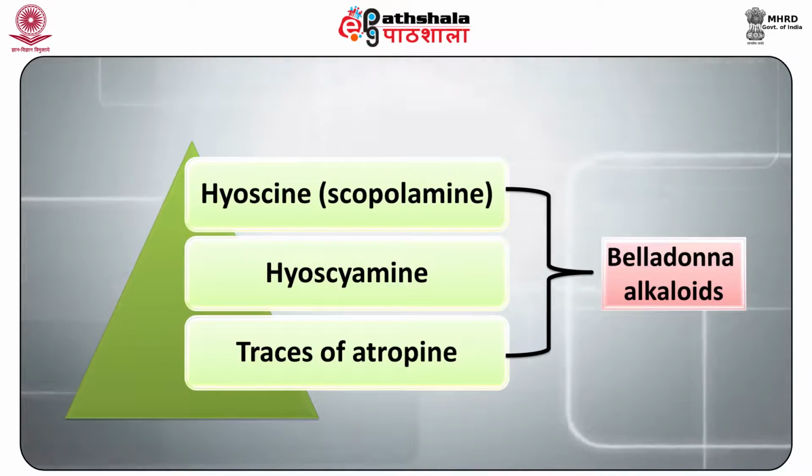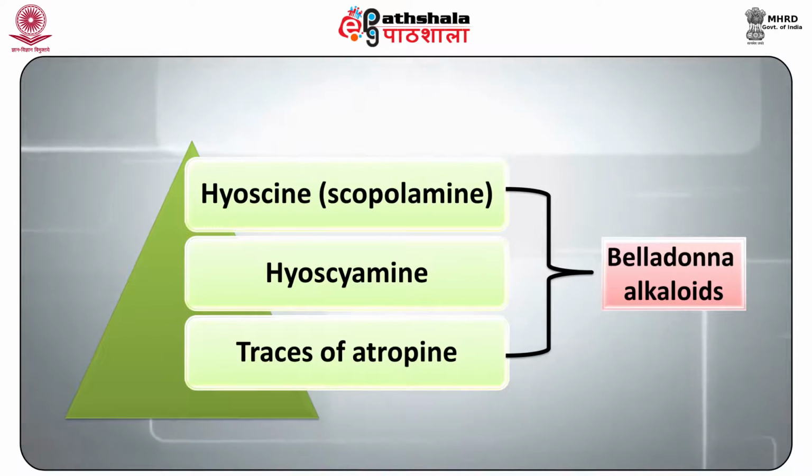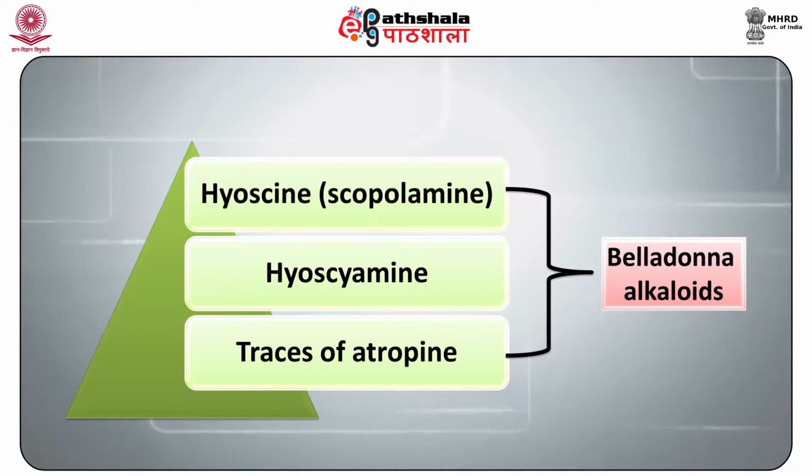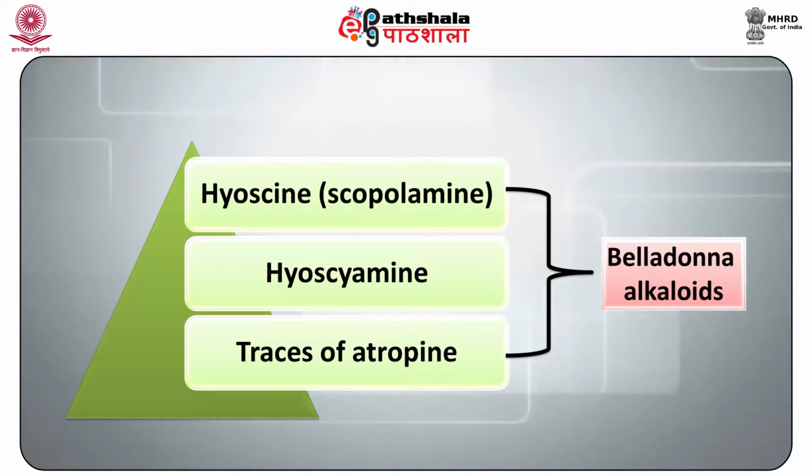Other common names are Jamestown weed, Jimson weed, thorn apple, stinkweed, devil's weed, angel's trumpet. The toxic principles of Datura are hyoscine, that is scopolamine, hyoscyamine and traces of atropine, together referred to as belladonna alkaloids.